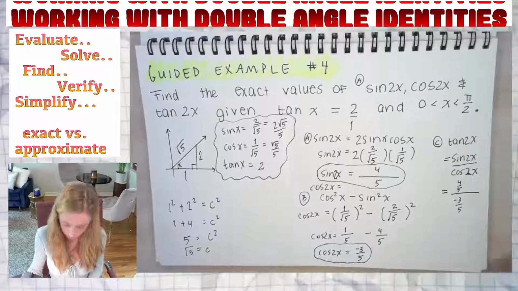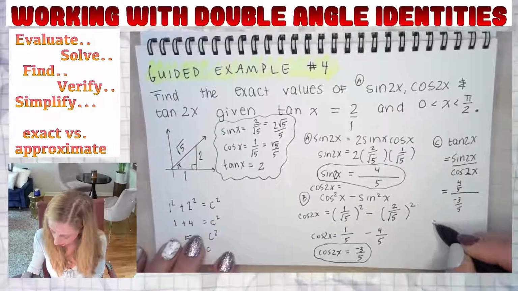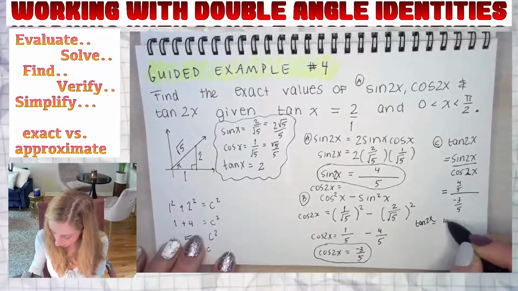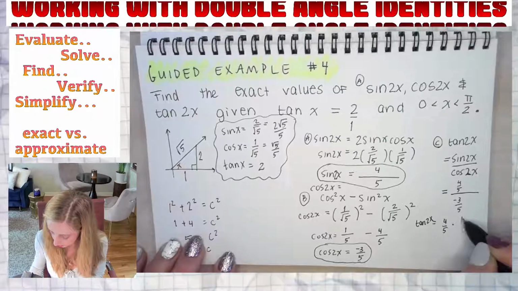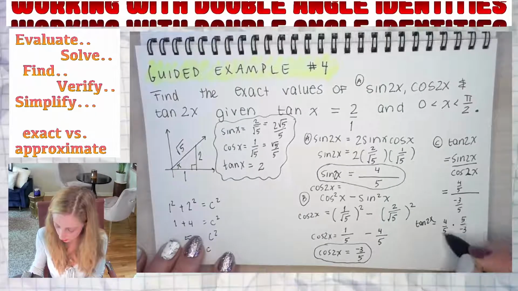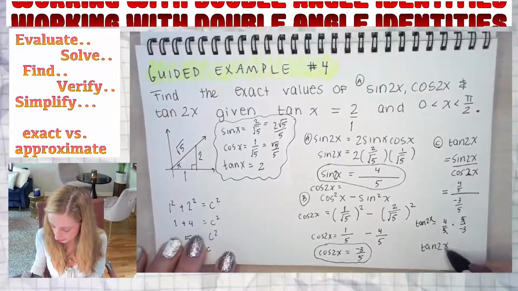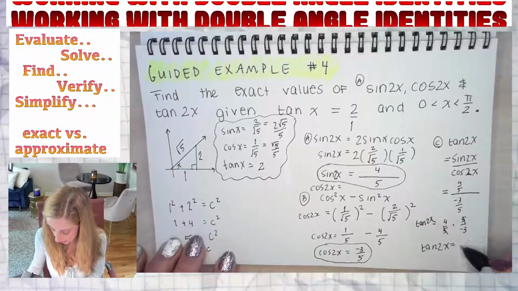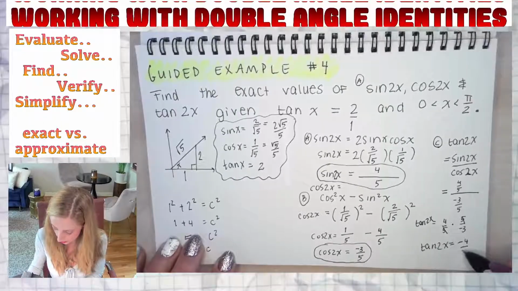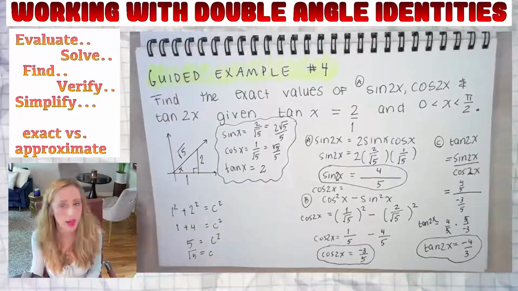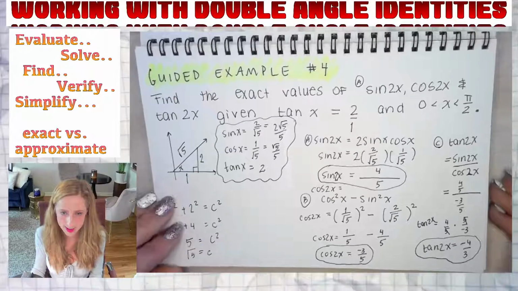Then keep, change, flip: tan 2x equals 4/5 times 5/3. Do not multiply those, the 5's reduce. So tan of 2x equals 4/3, but I'm going to write it as -4/3. And there you go. Guided example number 4 is done.